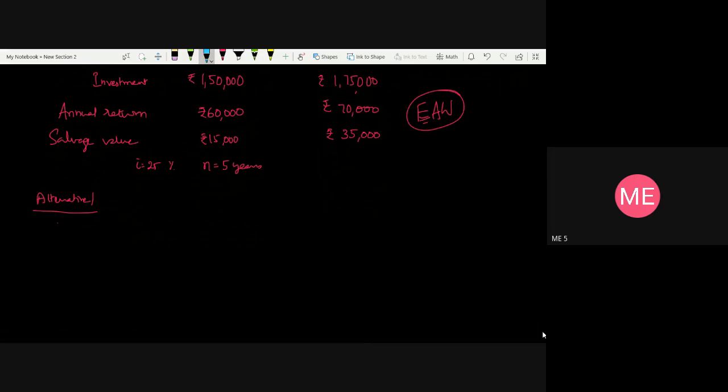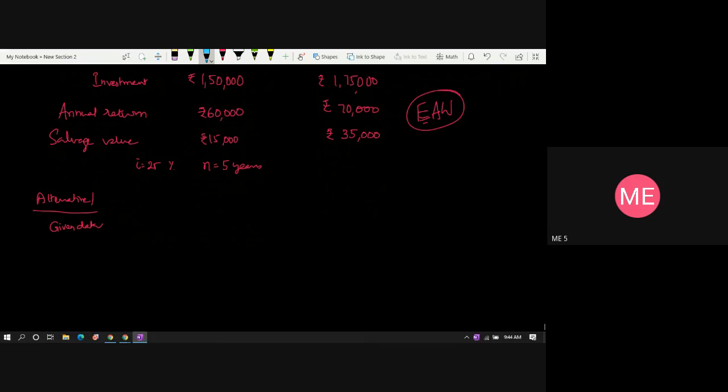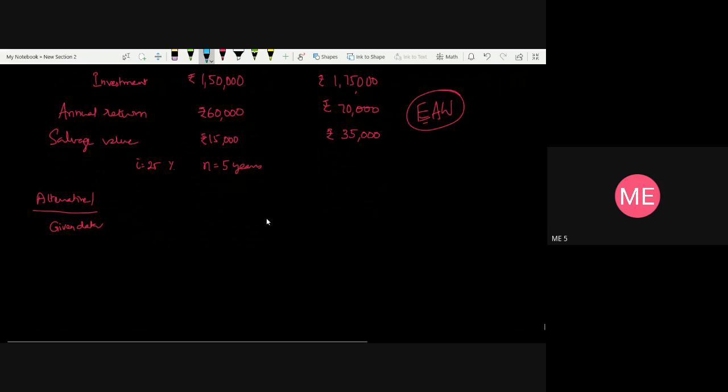Given data: investment is called the first cost, right? Investment is given as first cost, that is P is equal to rupees 1,50,000. You are investing this amount, which means it is a first cost. Annual return is given, which I will take as R is equal to rupees 60,000.